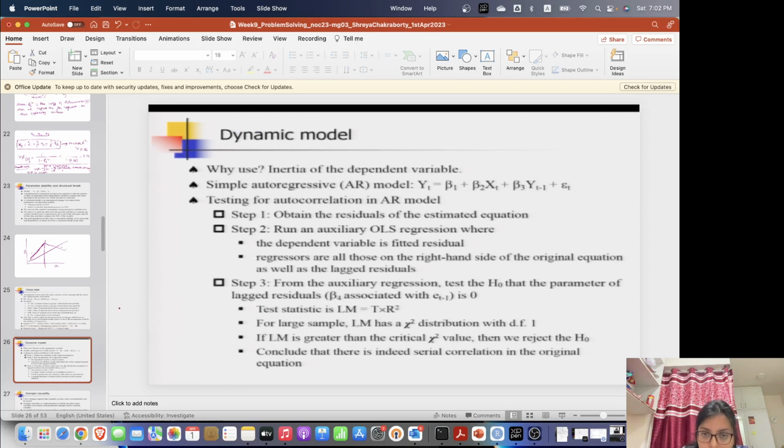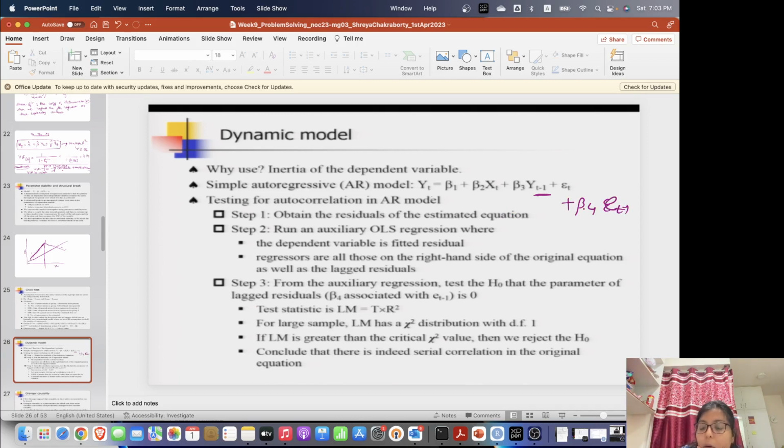And also we talked about dynamic modeling and how we can fit an auxiliary regression. In case of a dynamic model with a simple autoregressive model, from this AR1 regression we obtain the OLS residuals, and then we add another term, beta 4 times epsilon residual t minus 1, to this equation.